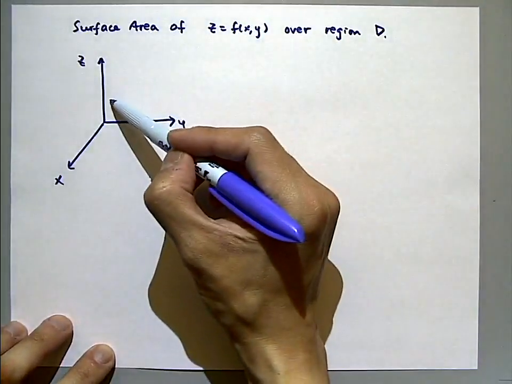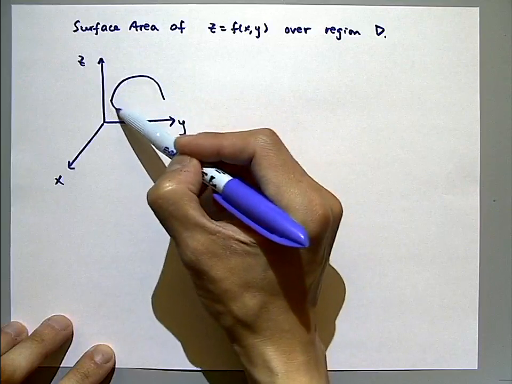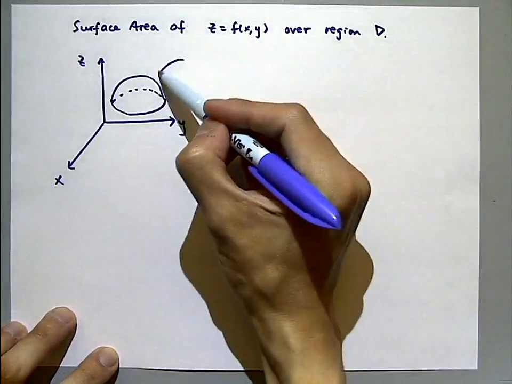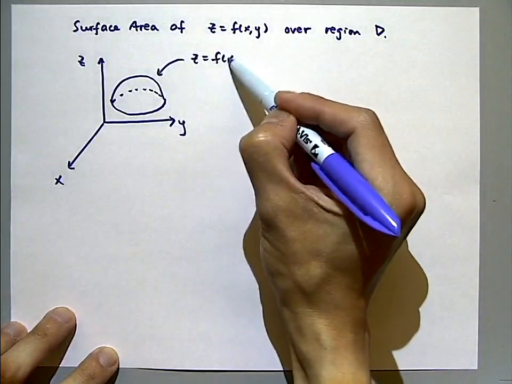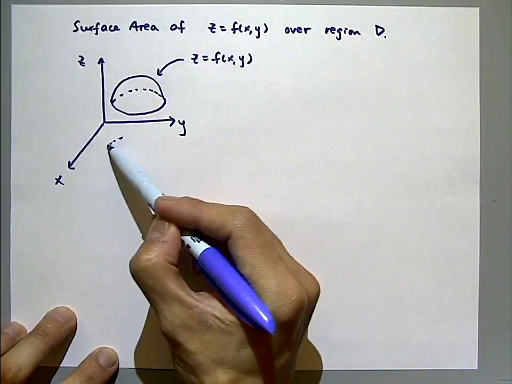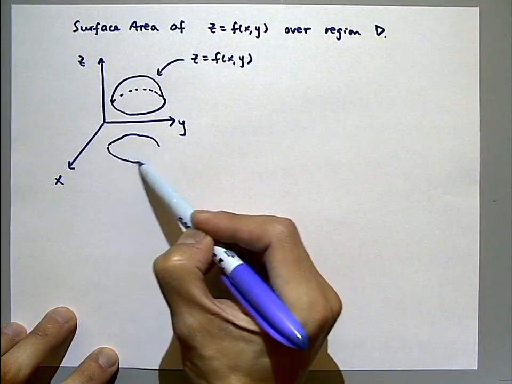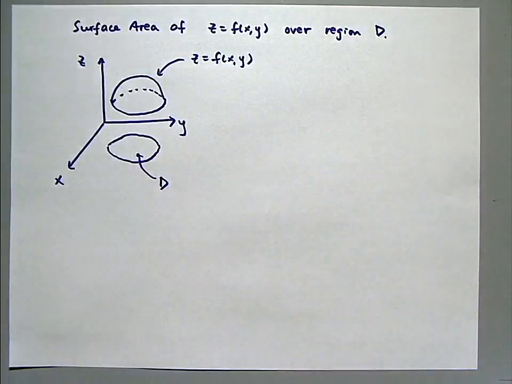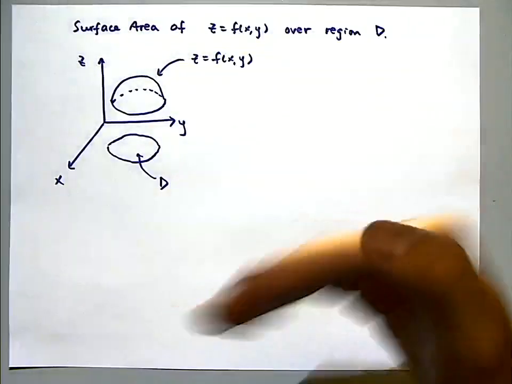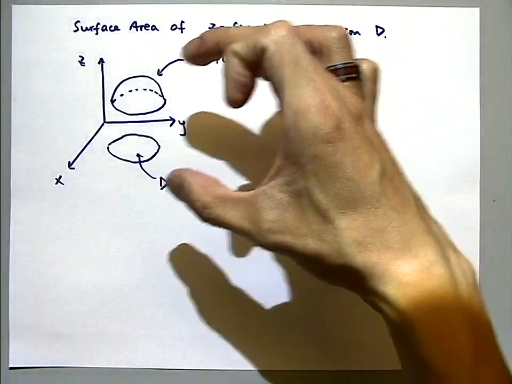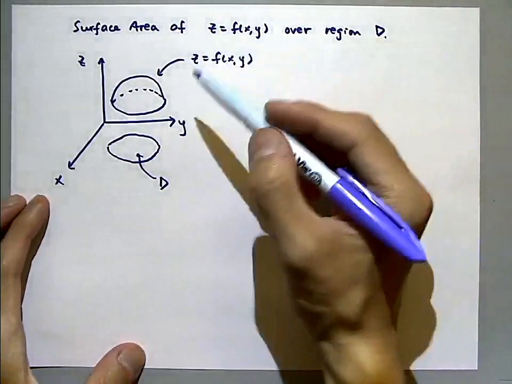I'm going to draw a part of a sphere here. And it's projected down onto the xy plane. And that's our region D. So we know how to find the volume of a solid underneath this cap above D, right? You just integrate over D, whatever z is. And now we would like to find out the surface area.